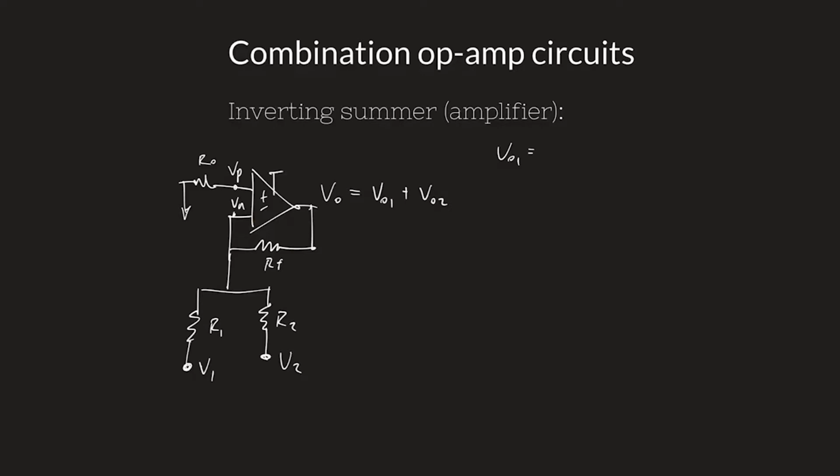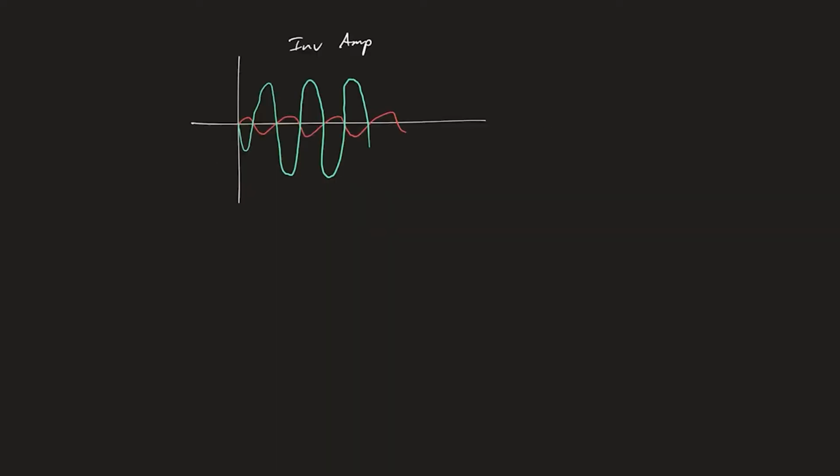I can ignore the power supply going to these guys because they're not part of the analysis. I know that this defines the amount of headroom that I have on both ends, so I have to design within that range. But notice that that doesn't affect the linearity of my circuit.